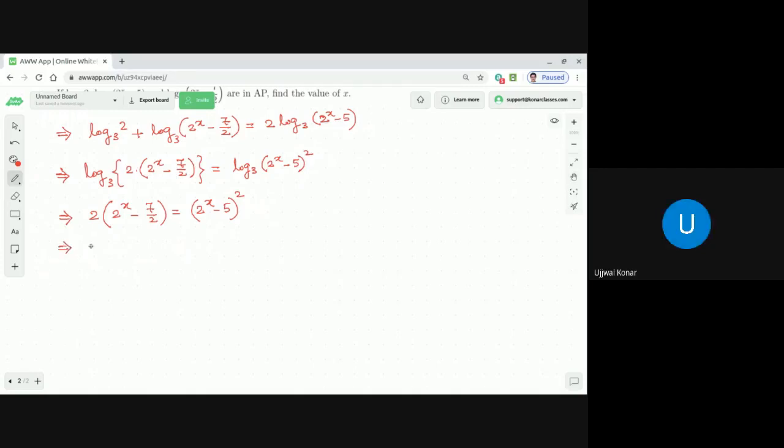This implies, because if you just observe, you'll not be able to make much sense out of it. So then what we get?